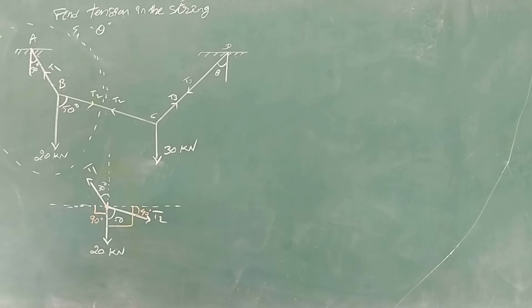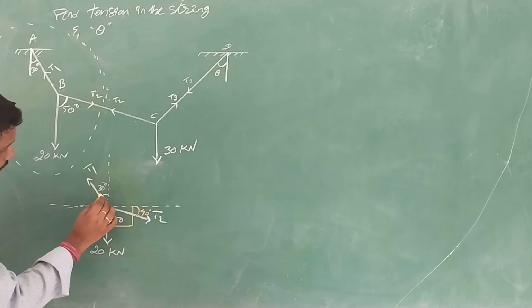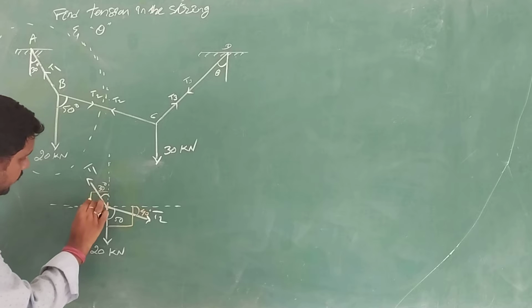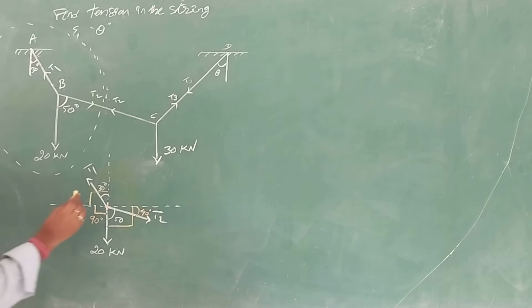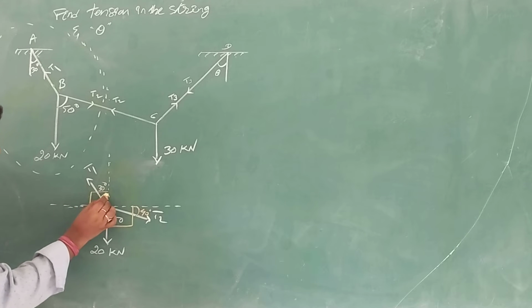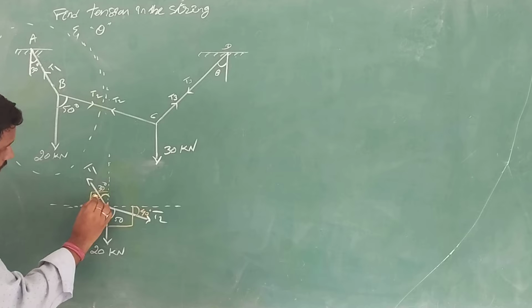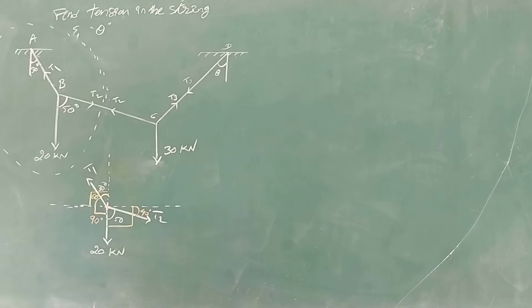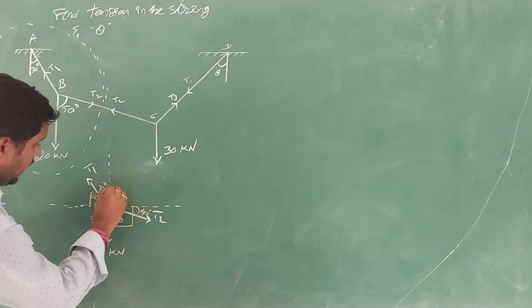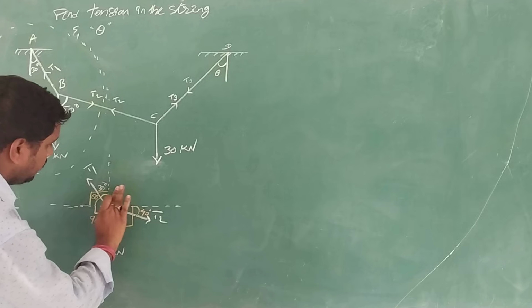Any doubt? Now, this should also be 90. If this small angle is 30, then obviously this angle should be 60. Any doubt? And this angle is obviously 90.